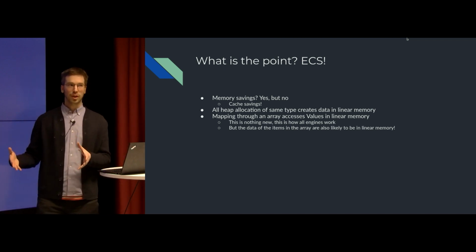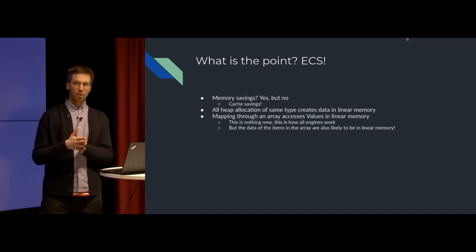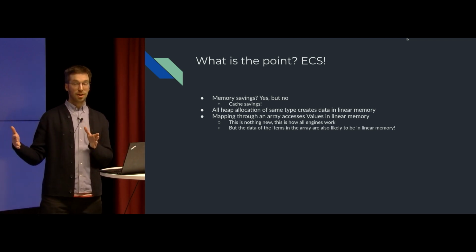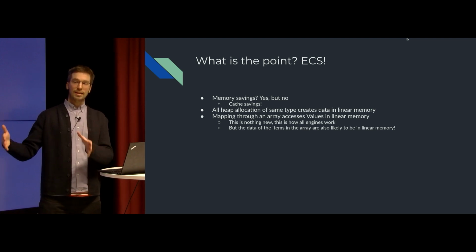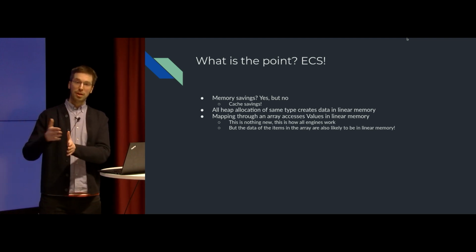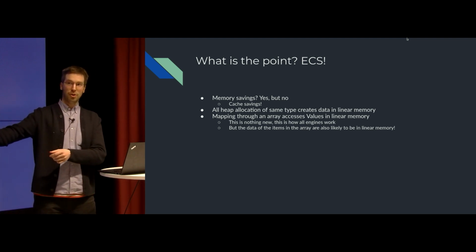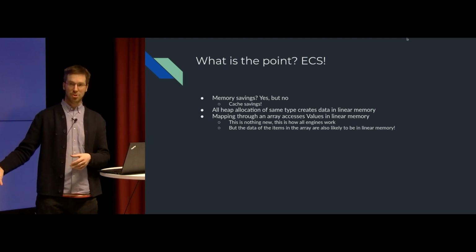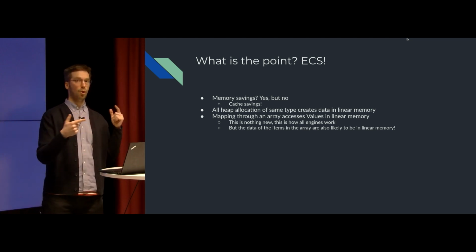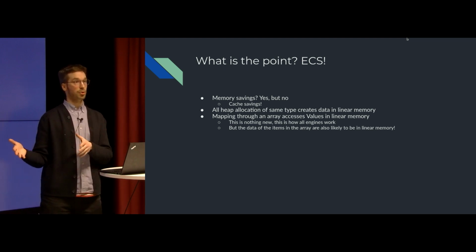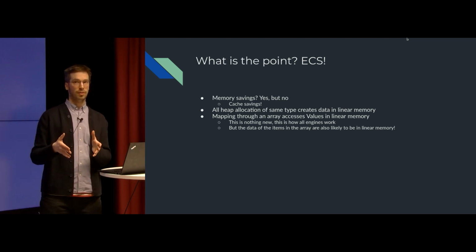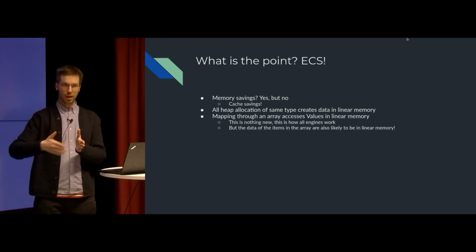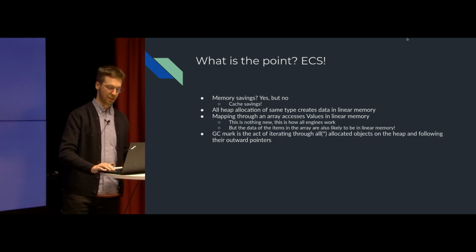But now in our engine, if your array contains data of the same type, that data is also probably going to be right next to each other because it's most commonly created at the same time. Like, let's say you map over an array and for each item you create an object. Those are going to be created right next to each other because they're created at the same time.